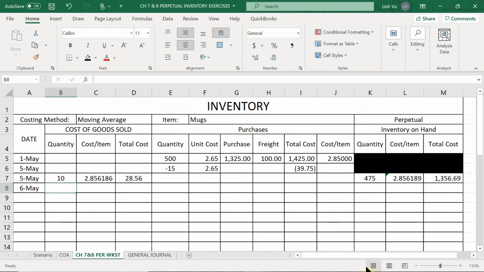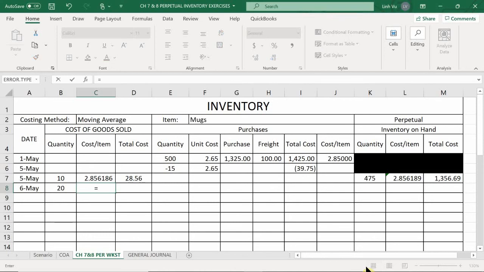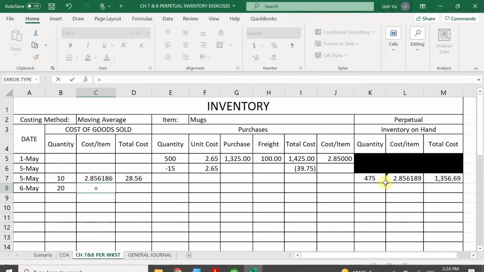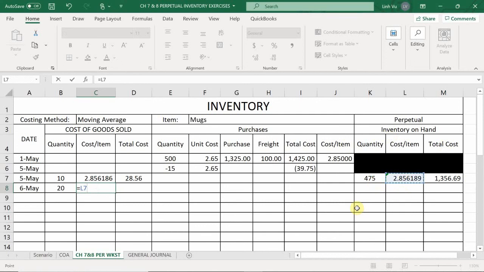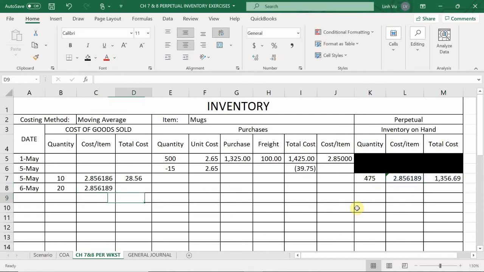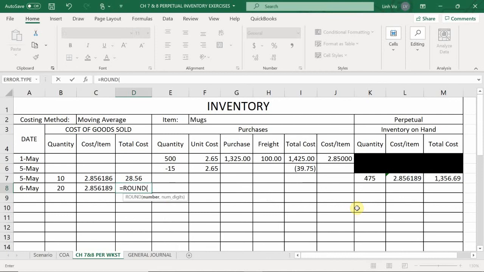We sold 20 of them to customer A. And at what cost? 2.856189. Good. So what is my total cost of goods sold? $57.12.